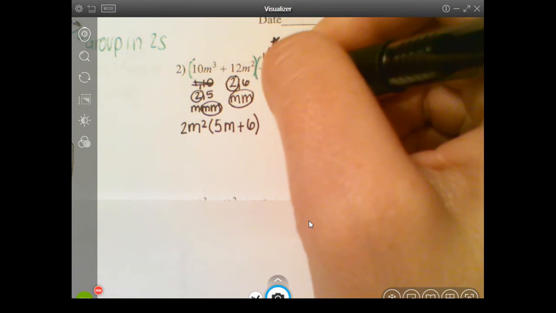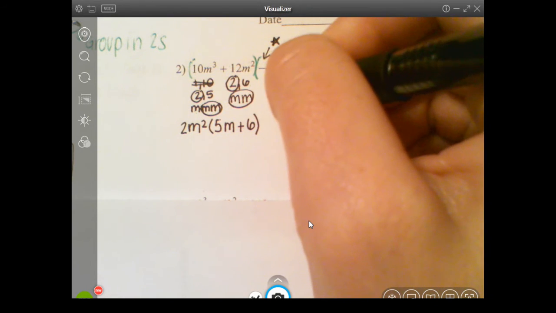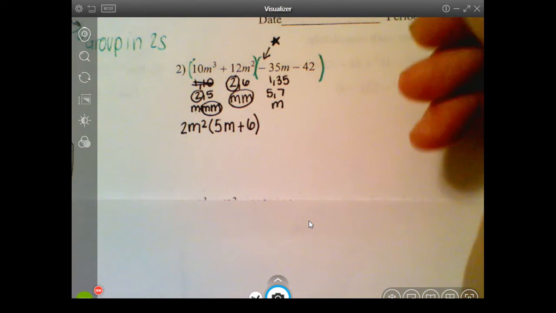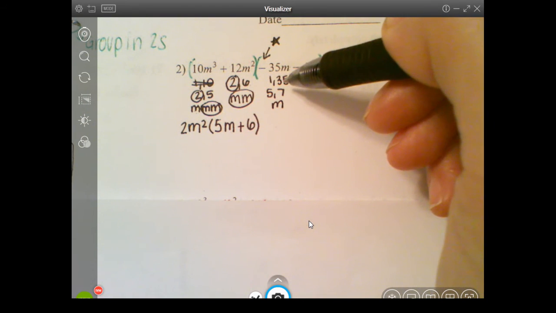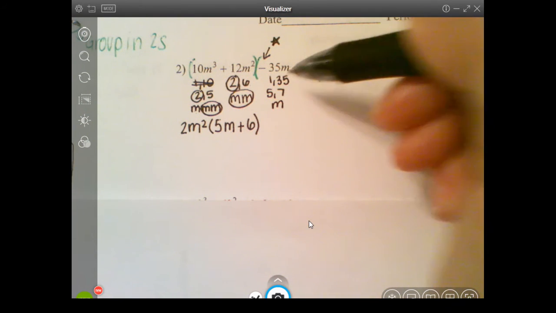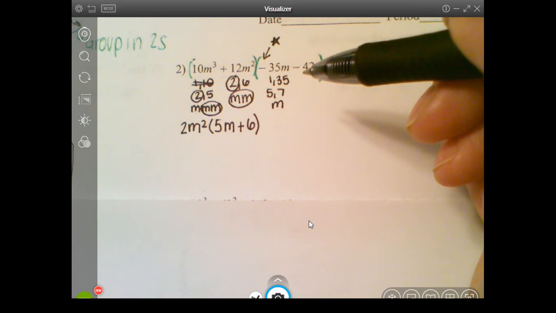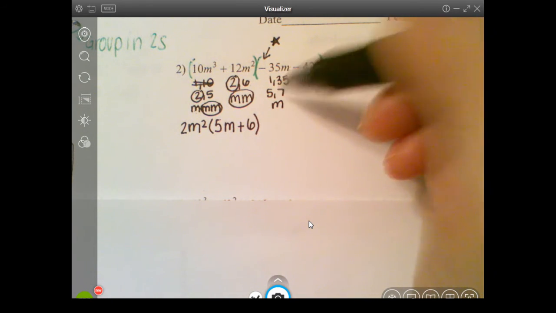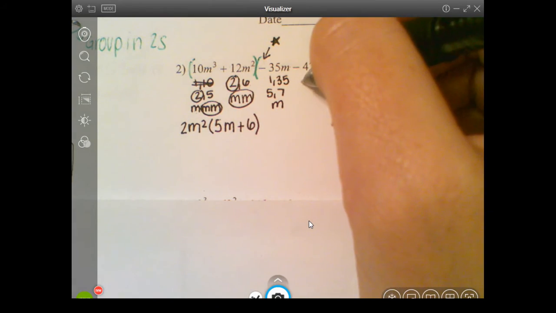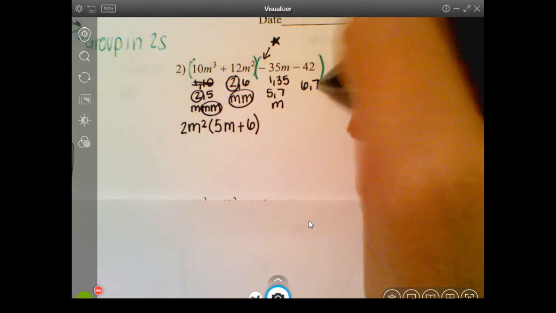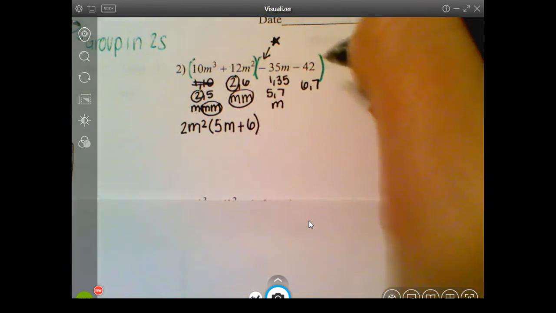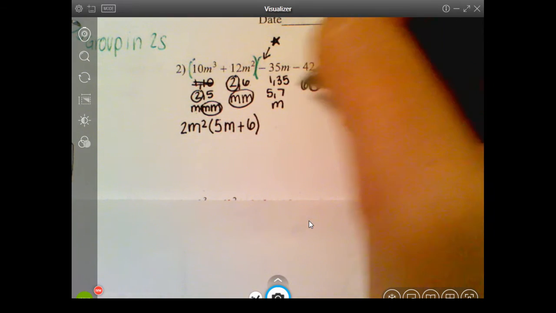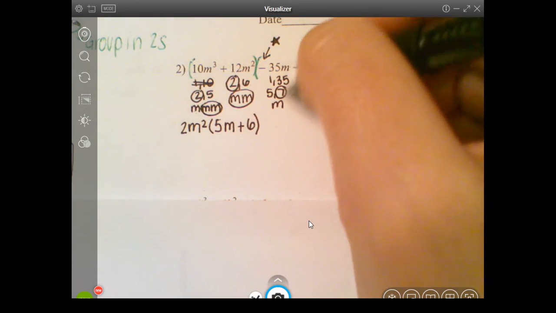And the only other one is 5 and 7 and an m. So again, I'm going to start with the biggest thing, 35. If I do 42 divided by 35 in my calculator, it is not a whole number. If I do 42 divided by 7, I do get a whole number. I get 6. So there it is. So what they have in common is the 7. And this has an m, but this doesn't.